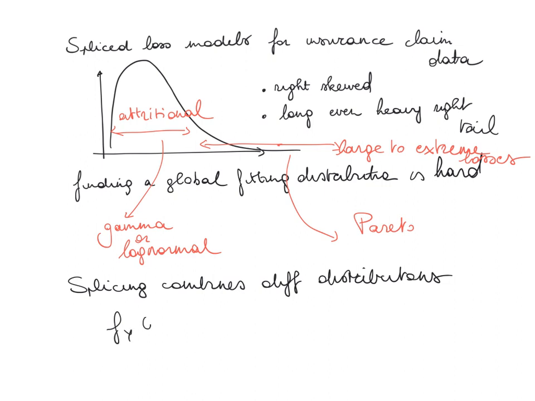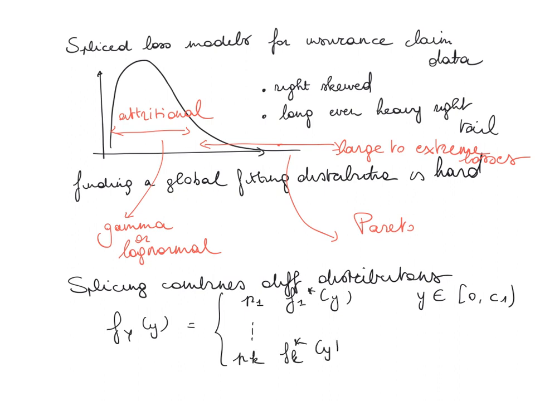So the spliced distribution that we can define as such for a random variable Y will consist of a weight p1 attributed to a distribution f1 star, where this distribution only has probability mass on a certain interval, say from 0 to c1, and we put k components together.